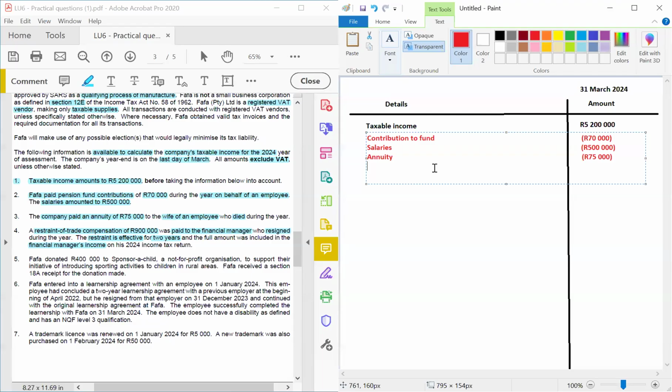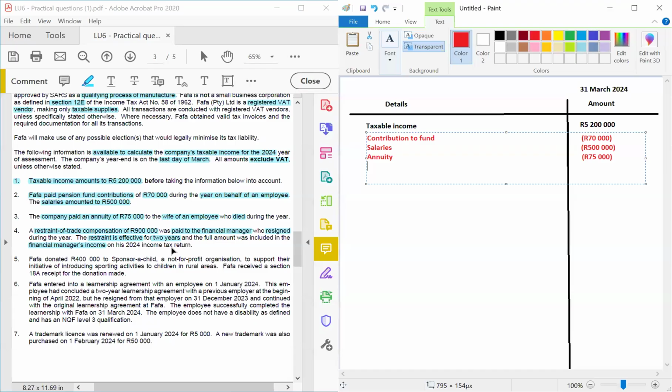But you will deal with this more in the upcoming weeks or 2 months. What you should know now, as it forms part of the general deductions, is that a restraint of trade payment has its own rules.